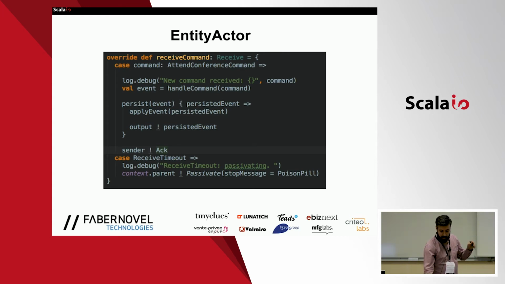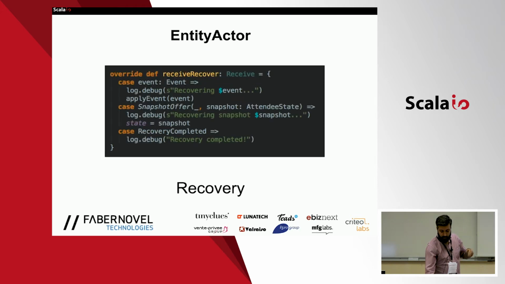As I mentioned, when we are recovering from a passivation, we are replaying all the events. But imagine we received 1 million events. We don't want to replay all of them because it has a high cost. So we want to have a snapshot, storing or saving a specific state at that moment.